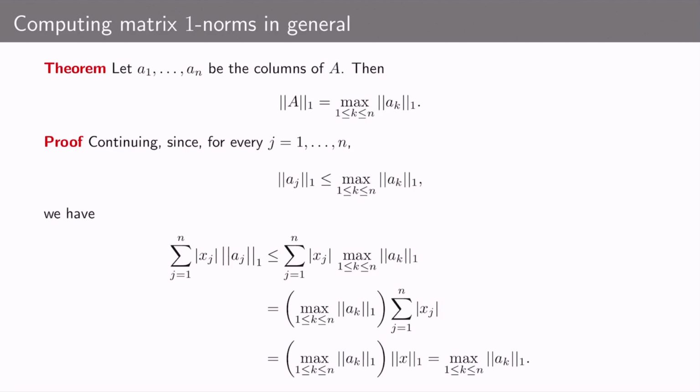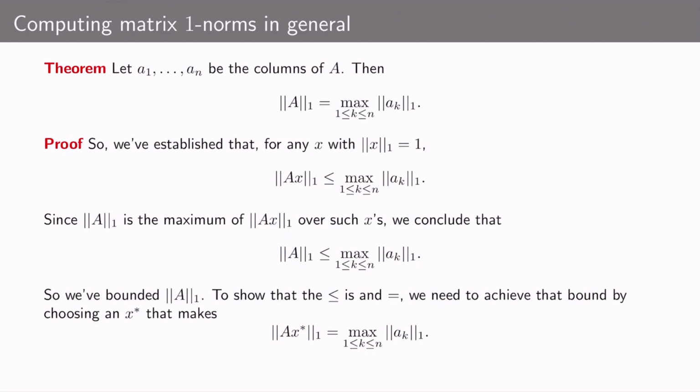Now, hopefully you recognize the sum of the absolute values of the components of x. That's just the 1 norm of x. Now, the 1 norm of x is 1. x was chosen as such. So, this whole quantity simplifies to just the maximum over the 1 norms of the columns of A. So, we have established that for any choice of x with the 1 norm of x equal to 1, the 1 norm of Ax must be less than or equal to the maximum of the 1 norms of the columns of A. Now, the 1 norm of A is the maximum over all of these 1 norms of Ax with a choice of x with 1 norm 1.